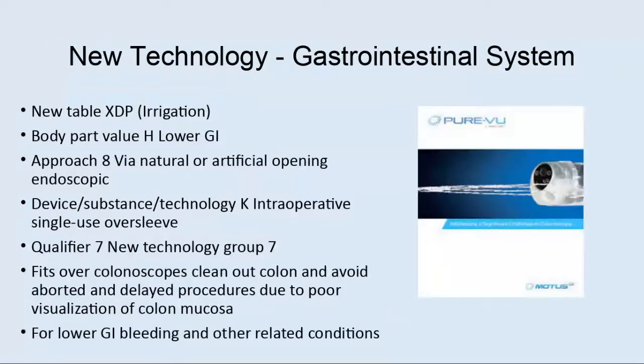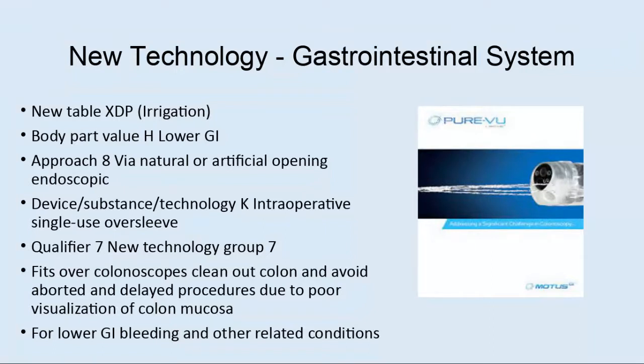Okay, the new table also in the gastrointestinal system, XDP. This is irrigation. This uses the device intraoperative single-use oversleeve, a device that fits over the endoscope and helps clean out the colon. You see how this thing is shooting water? It helps clean everything out.